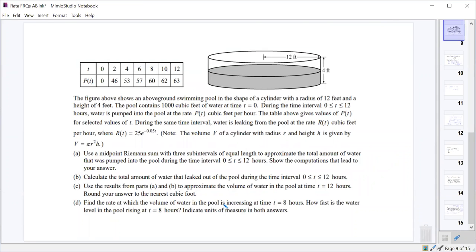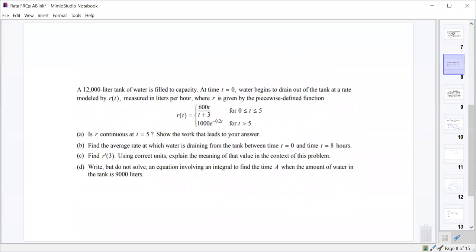This one? Is this the cylindrical? No, that's not a cylindrical can. Tank of water. Let's keep going up. This one. Okay. Yeah. The 12,000 liter tank of water. Does that look right?